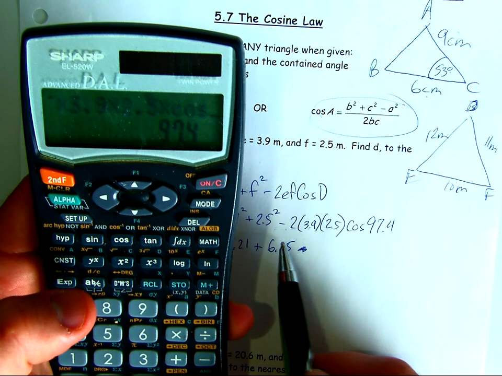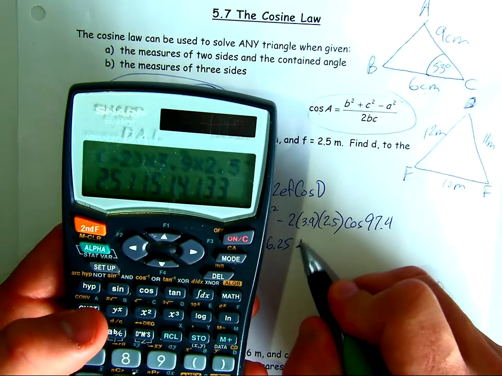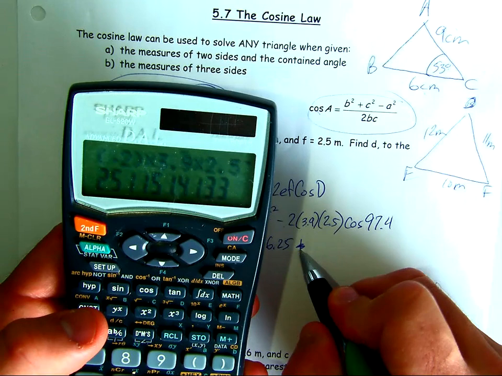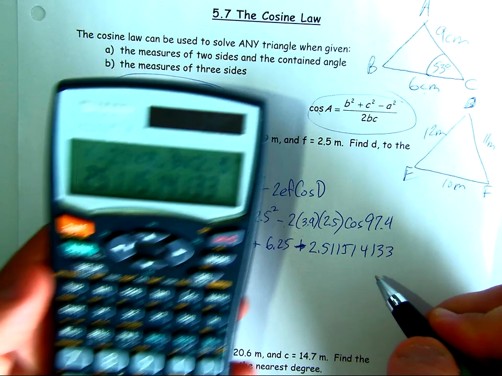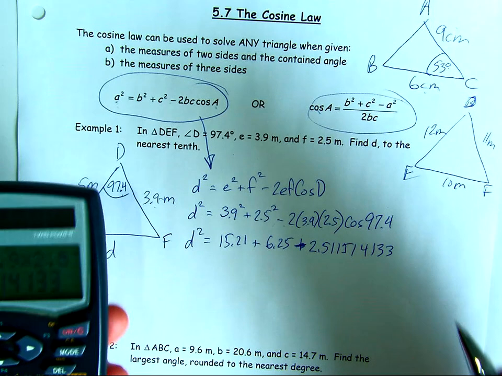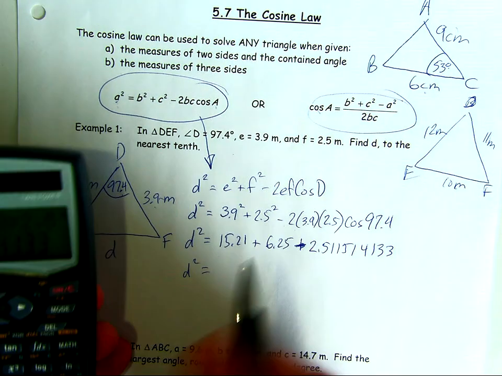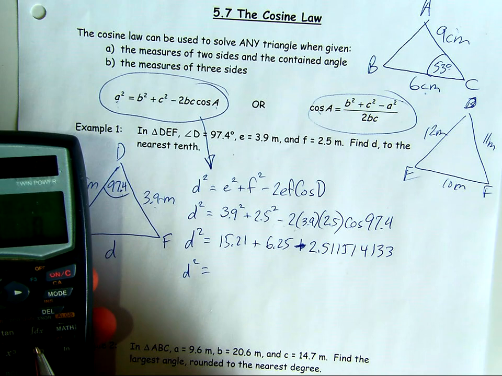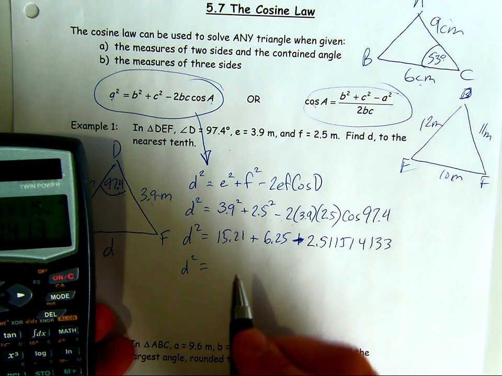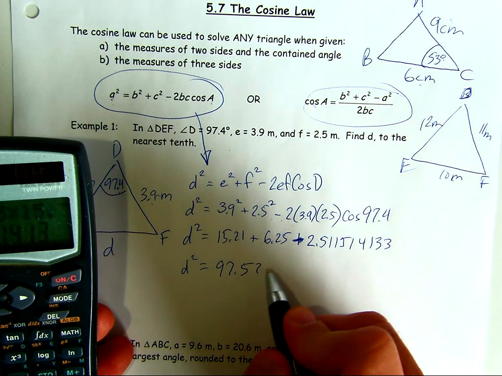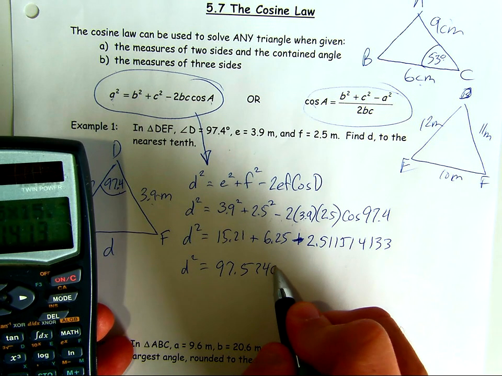So when I press equals, I get positive 2.5115414133. It's a positive number. Now, if I add all these things together, I'll have to add the 6.25 and the 15.21, and I'm going to get 97.57401413.